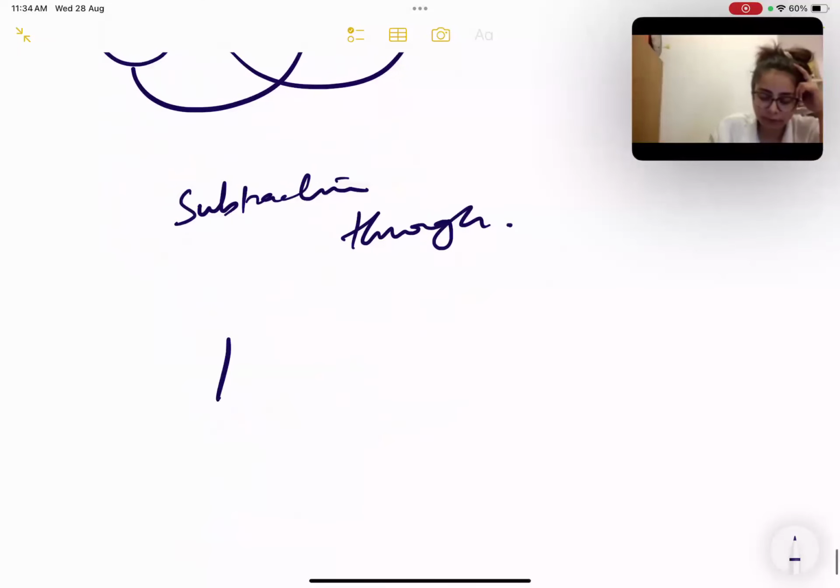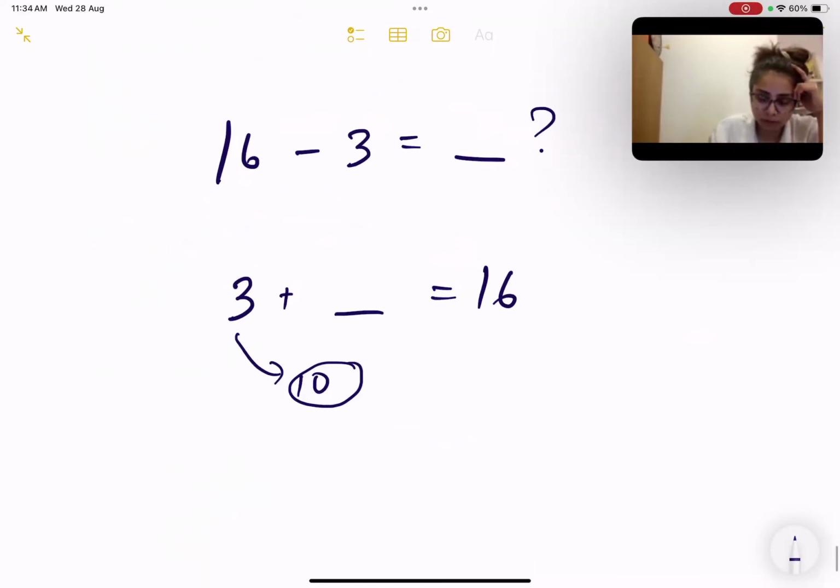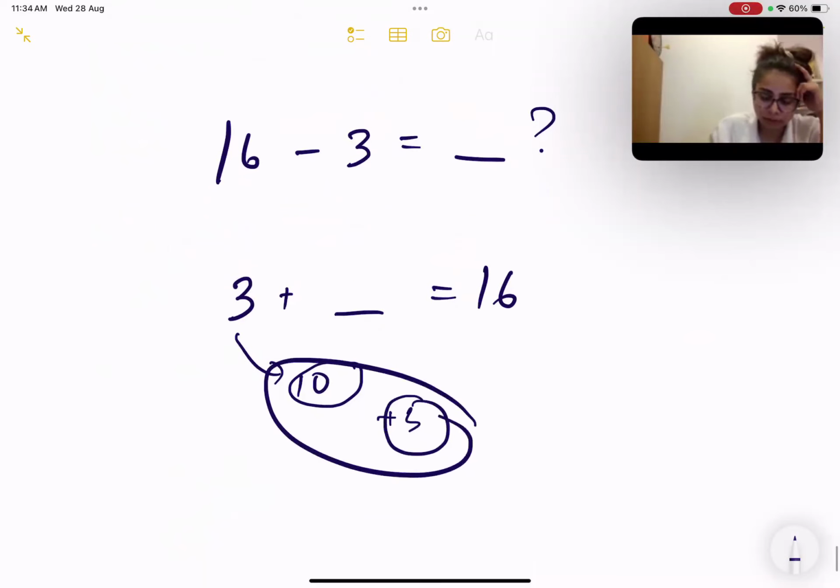For example, 16 minus 3 is equal to what? So I'm going to say, what do I need to add to a 3 to make a 16? The child says, let's add 10. Then it becomes a 13. How much more do I need? Another 3. So 10 and a 3 is 13.